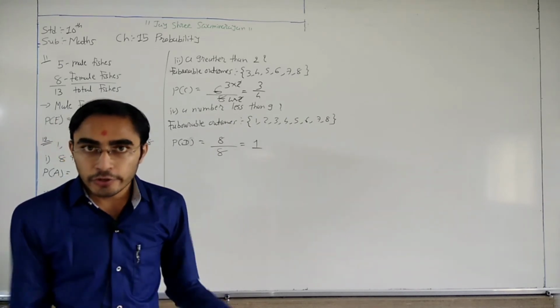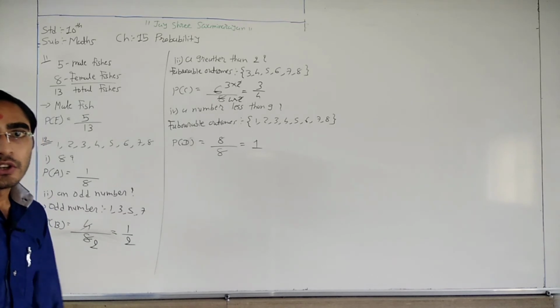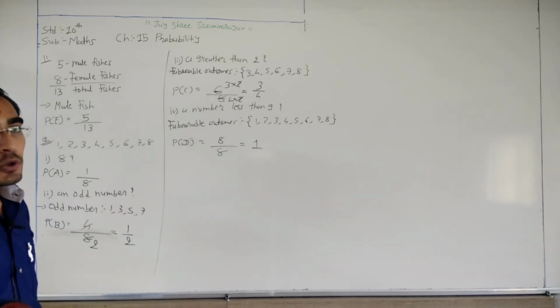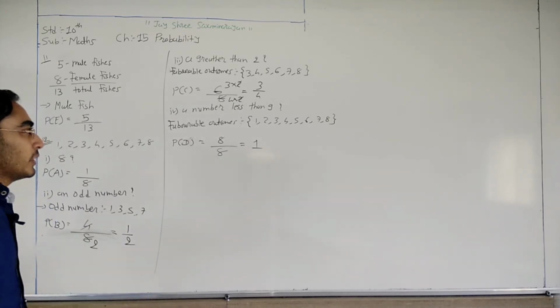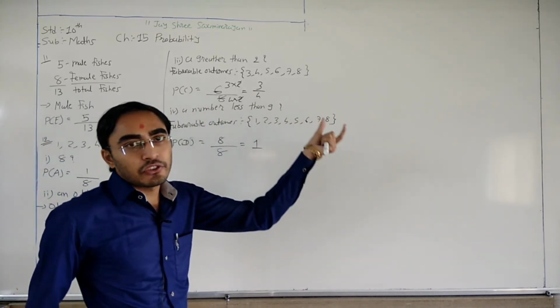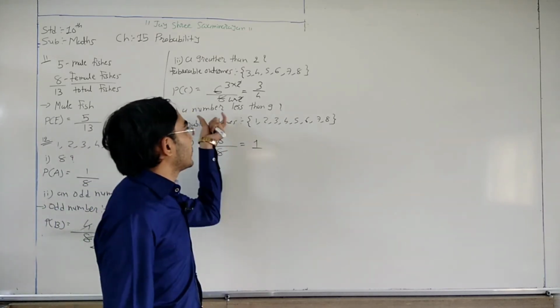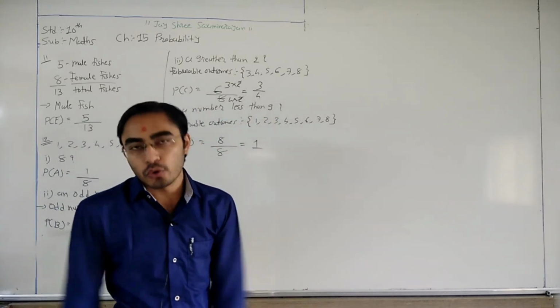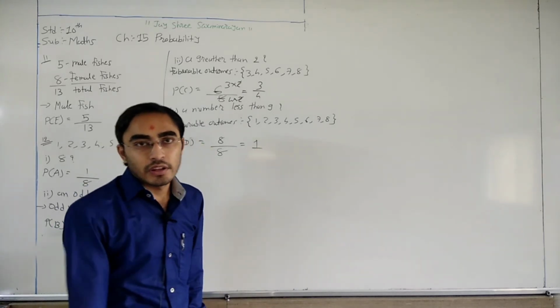It's always true, because on the wheel we have numbers up to 8. If you spin a wheel, definitely you will get a number less than 9. That's why it is a certain or sure event. This result will always be true, and that's why we get the answer 1.